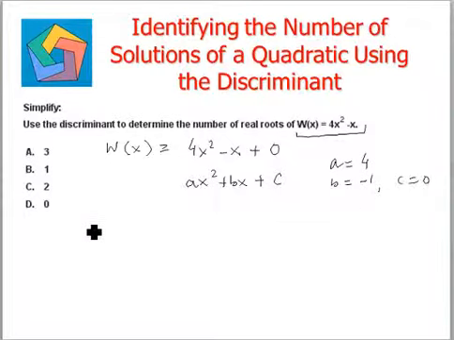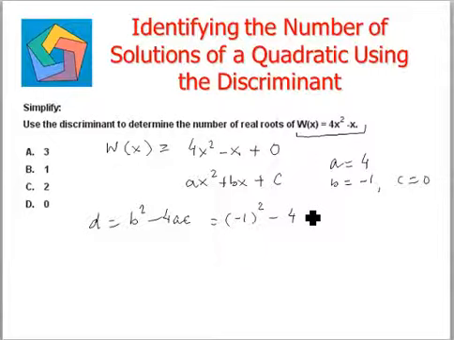Now we find the discriminant, which is b squared minus 4ac. We'll plug in the values. b as negative 1 squared, minus 4 times a, which is 4, and c is 0. Negative 1 squared is a positive 1, minus 4 times 4 is 16, 16 times 0 is 0.